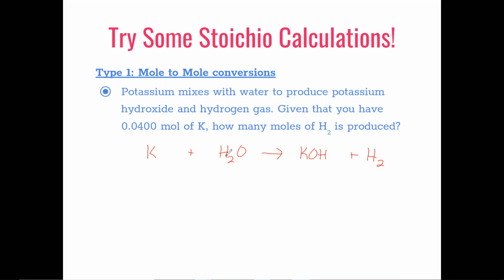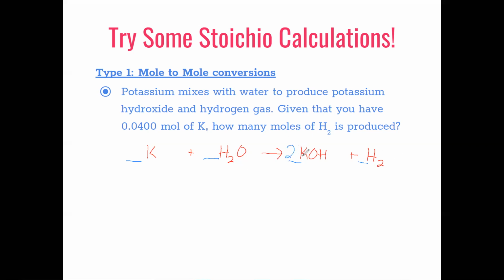Next step is to balance. So let's make sure that I have equal amounts of stuff on both sides. We have 1 potassium on the left. We have 1 potassium on the right. So far we're good to go. We have 2 hydrogens on the left, and we have 1, 2, 3 on the right. So that's a problem. So right away, I'm going to try to make my odds even.